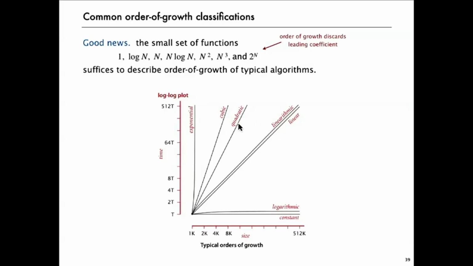As we talked about when we talked about union find, if it's quadratic, the running time grows much faster than the input size, and it's not feasible to use such an algorithm for large inputs. And cubic is even worse. So what we find is for many algorithms, our first task is really simply make sure it's not quadratic or cubic.